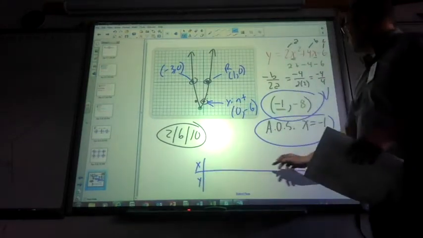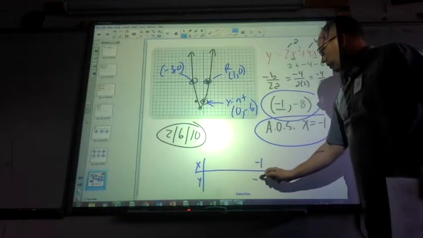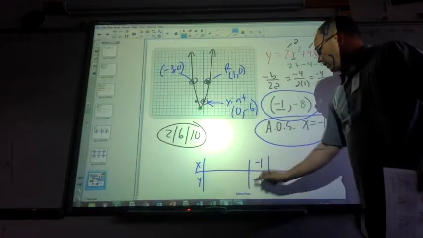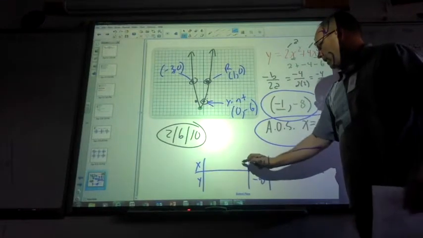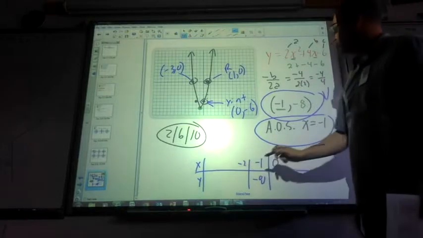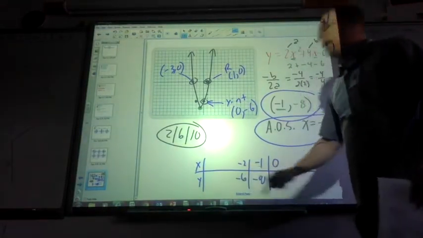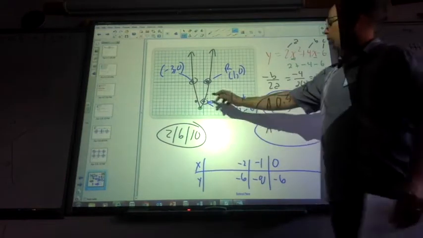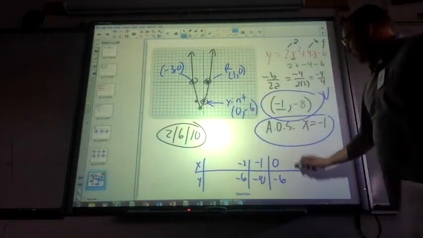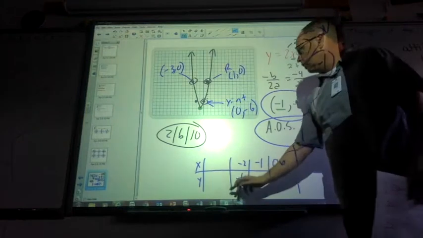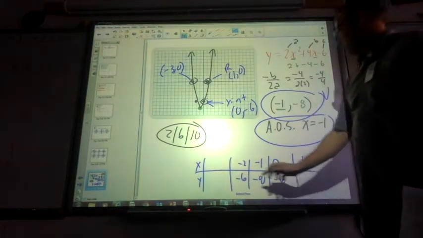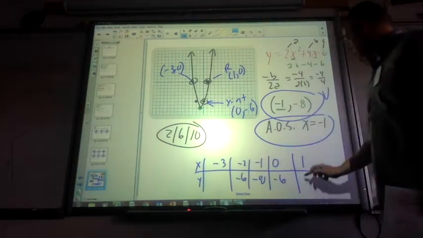If I fill out the table on this problem, I usually put my vertex right in the middle. So I got 0, and I got negative 2. At 0, I got negative 6. At negative 2, I get negative 6. How did I find those real quick? I just went to my grid. This goes to 1, this goes to negative 3, and those are both zeros.